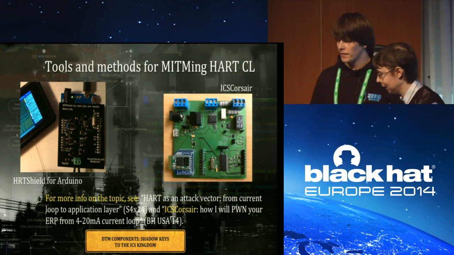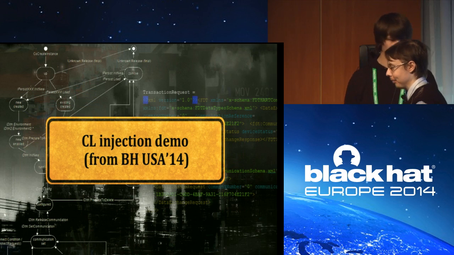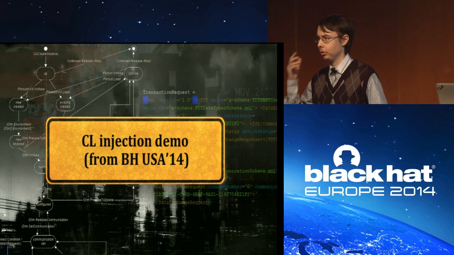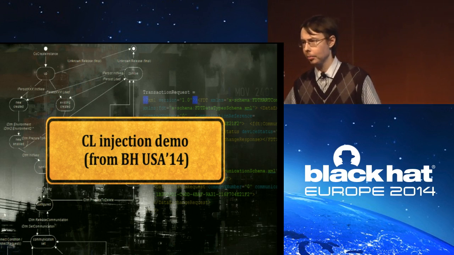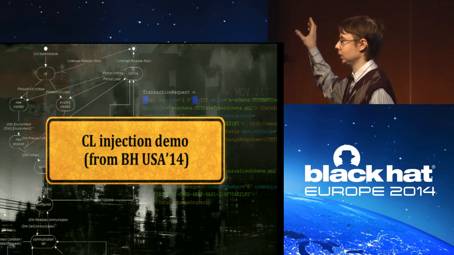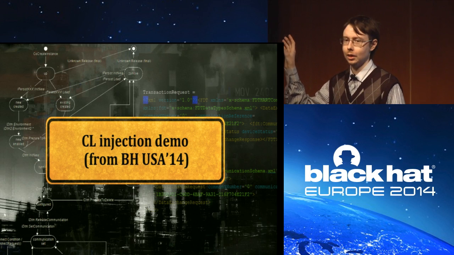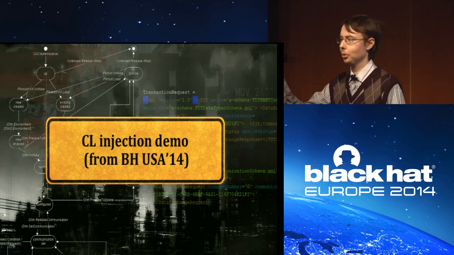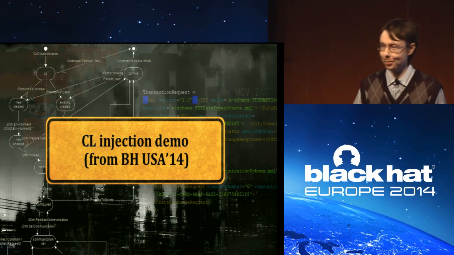Okay, now my time. When I was planning this talk, I thought about whether or not to show this demo, but I think I should show the quick demo that we demonstrated at Black Hat USA. Maybe someone was at our talk at Black Hat USA. Any hands? No one. Okay, then I'm right.